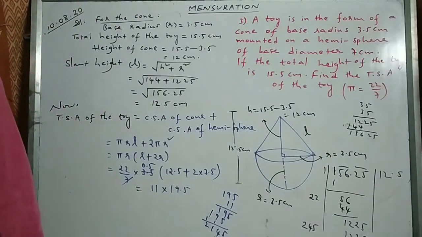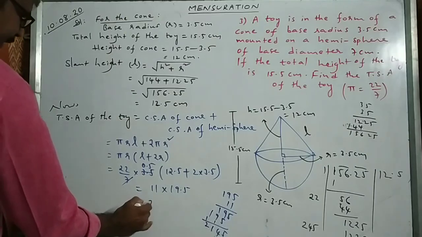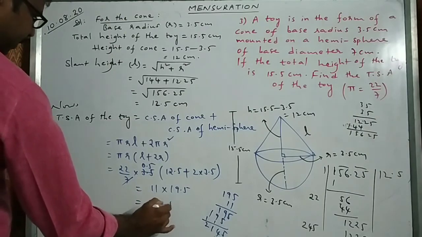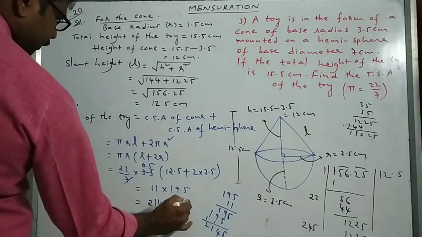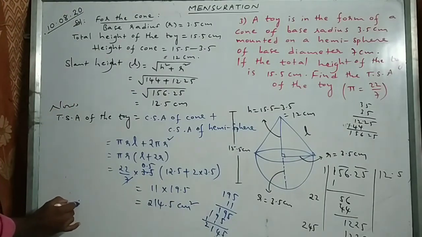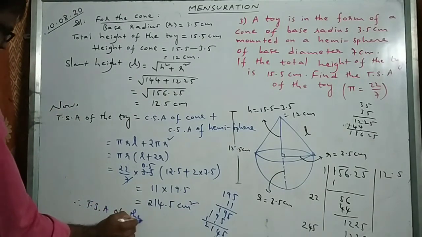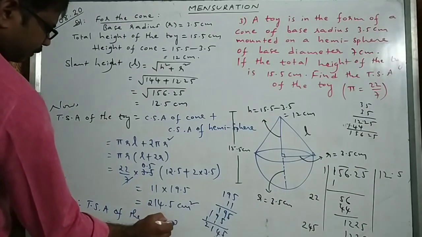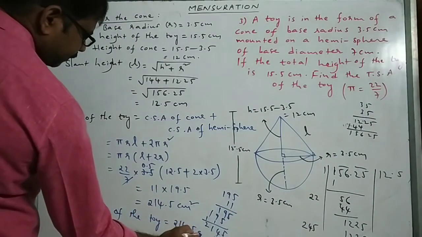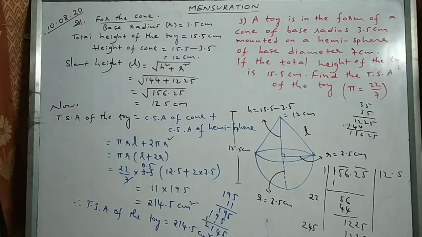I think it is correct. Check it. If there is something wrong, you correct it. So, what is the total surface area of the toy? TSA of the toy is equal to 214.5. Check the calculation once again.